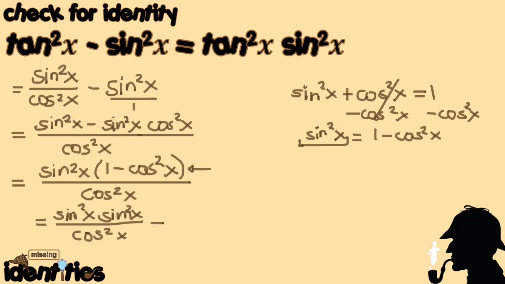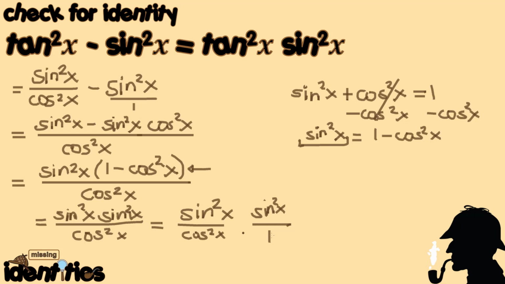Now from this, let us try to separate. You have here the sine squared x over cosine squared x, and then separate here another sine squared x. And since this is under multiplication, your denominator could be 1.